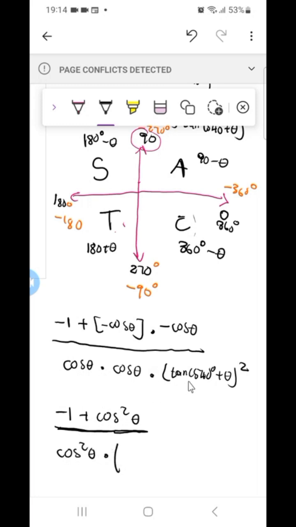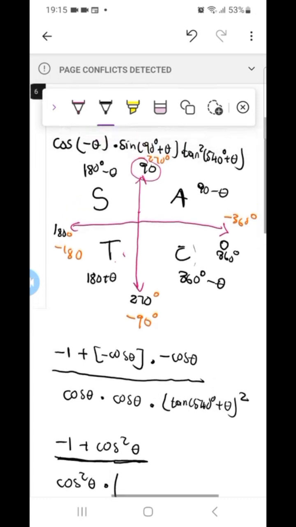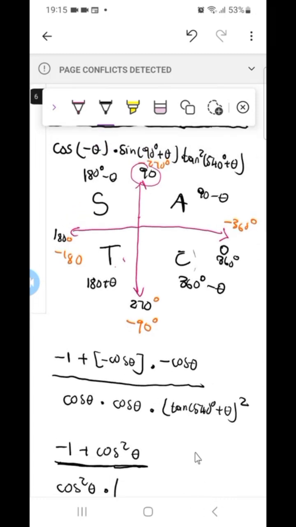So this tan of 540 degrees plus theta shouldn't scare you, because what it's just telling you is that a revolution has occurred, meaning that you went from 0 to 360 degrees and you went over again. So to find out by how much you went over, you just say 540 minus 360, because you've gone beyond 360 degrees.